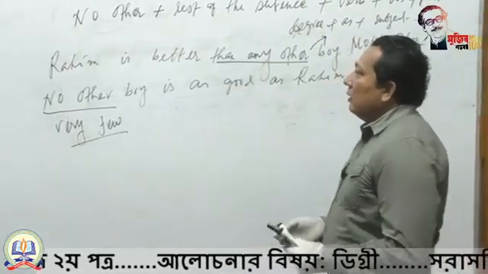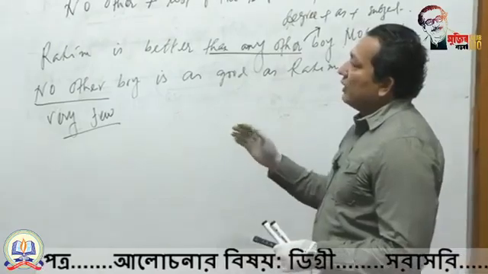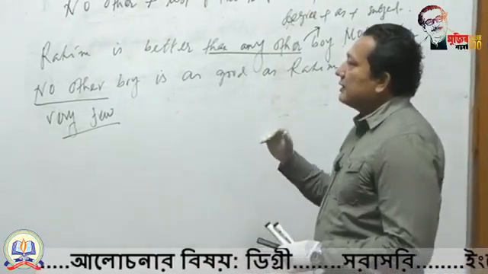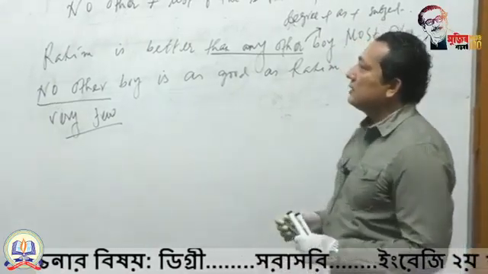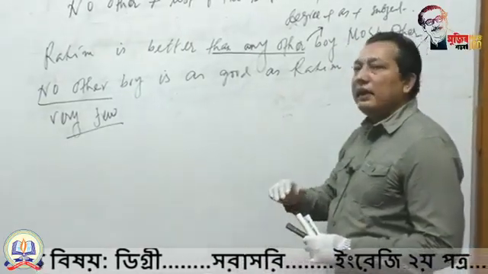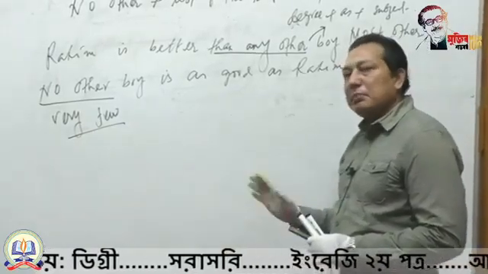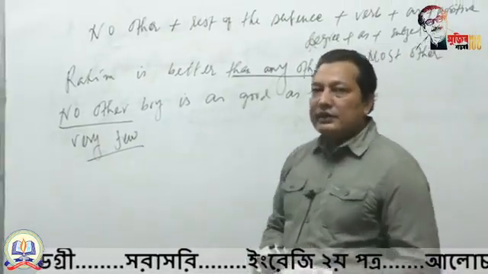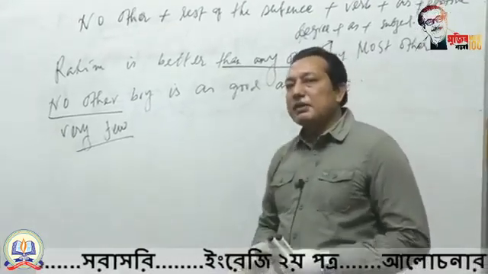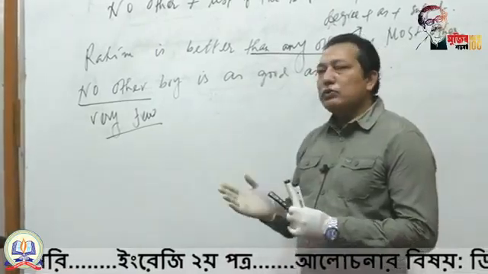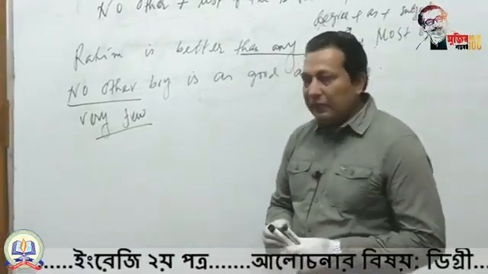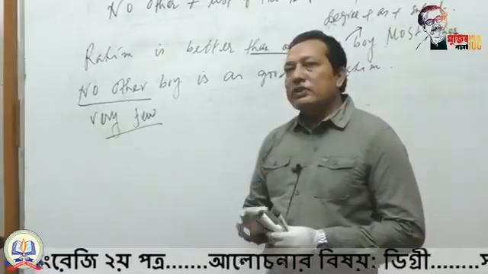Why? Because when you use "no other" or "very few", it seems that the sentence given is compared with many objects, many things, many people. But right now, you are getting only two specific persons, Rihan and Ahan. For that reason, you are not supposed to use "no other" or "very few". At that time, you will change the position. Is it correct?